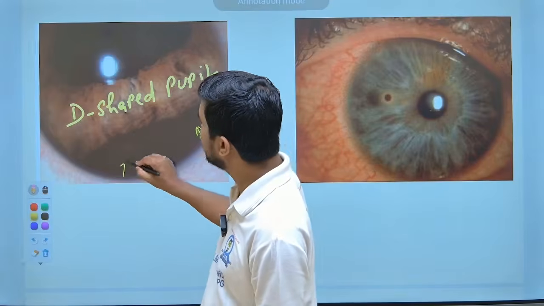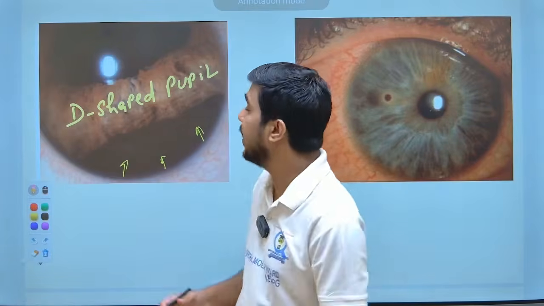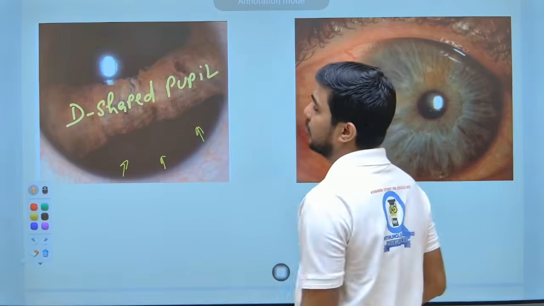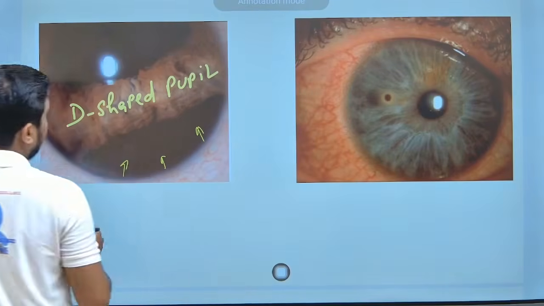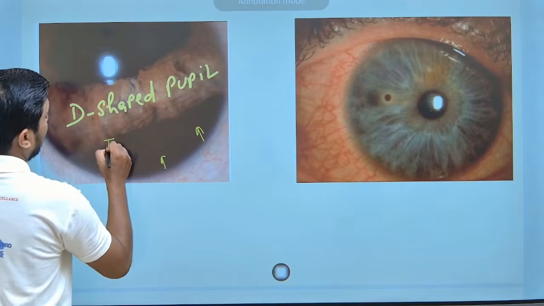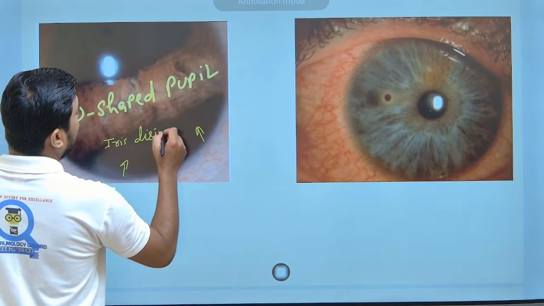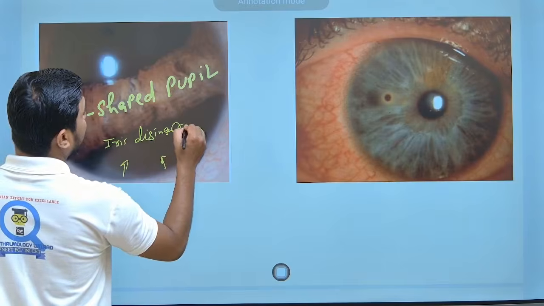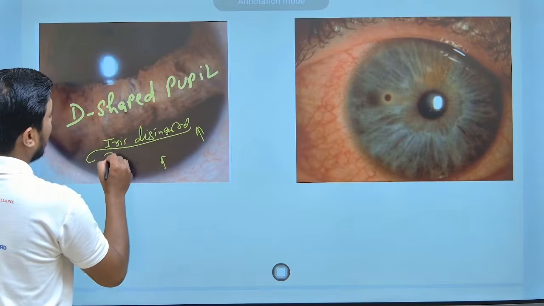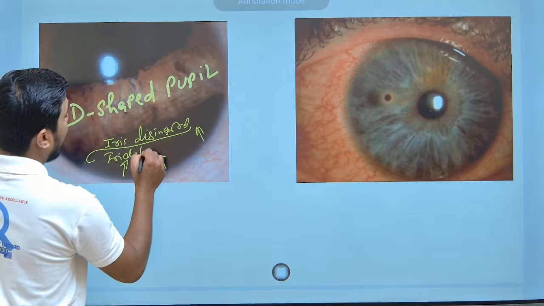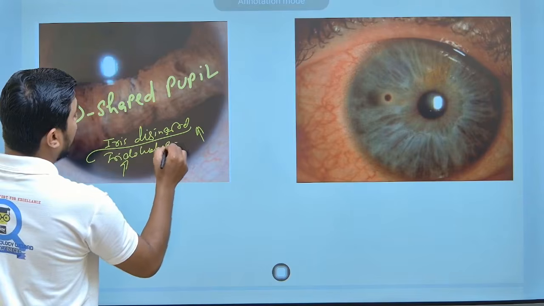This iris is disinserted from its root. So the iris is disinserted, इसको बोलते हैं iridodialysis. Understood?